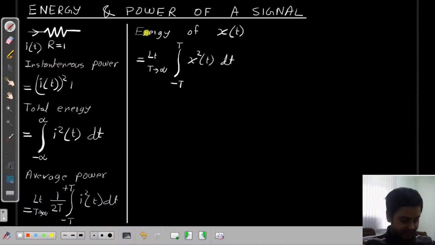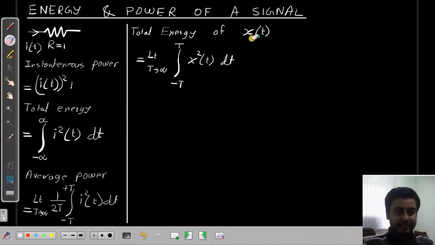This is the total energy. Now this x may be current or maybe some other physical quantity, and therefore this energy might not be the energy that we study in physics. This may not be heat energy or any similar energy, but this is the definition of energy of any signal. It may be physically same as physical energy or may not be, doesn't matter.